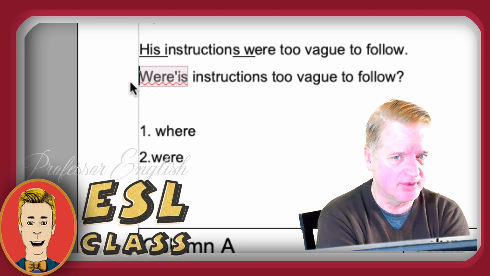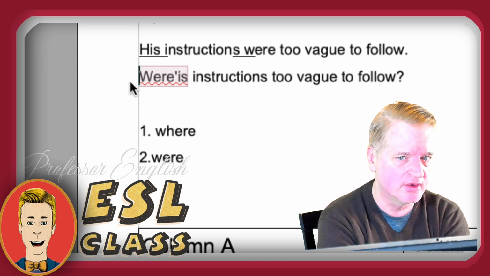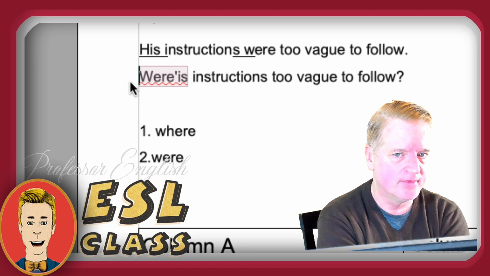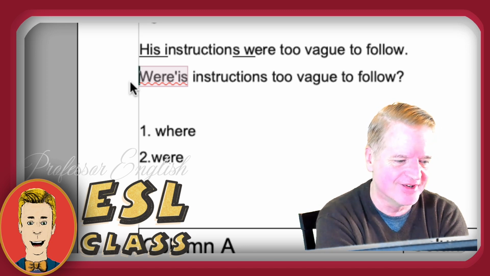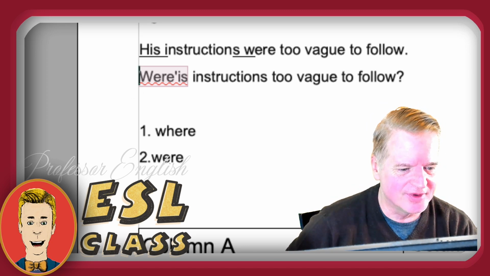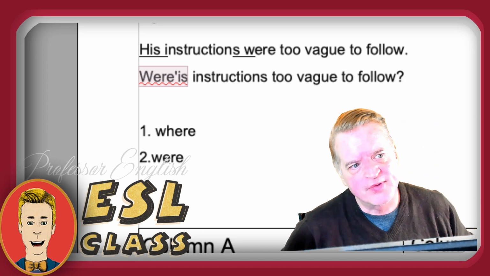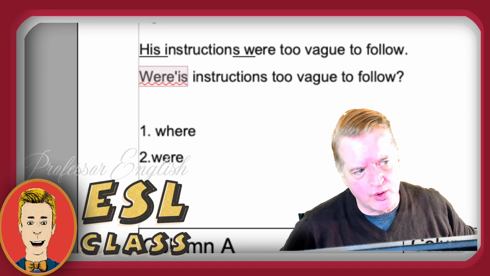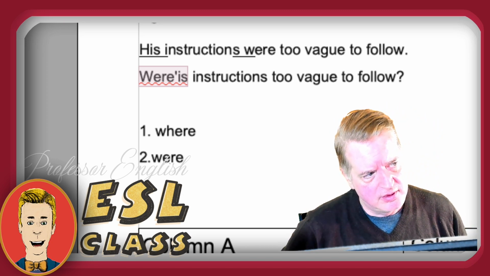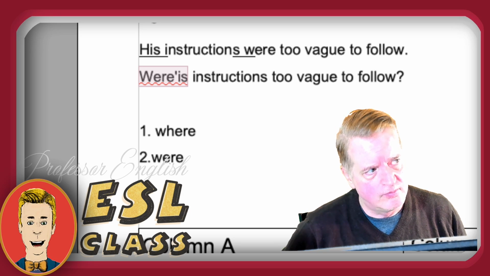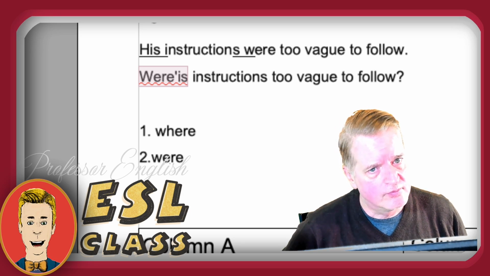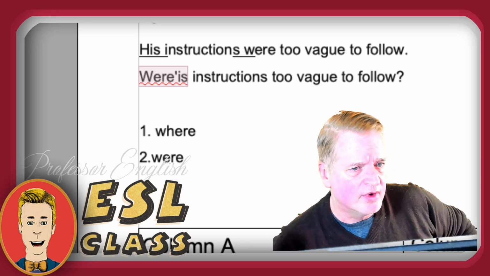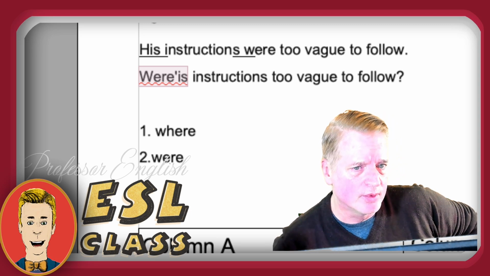Okay, that's pretty typical. That's usually how people will talk. Although you should never write that, never ever write that, but that's the way people will say it. Mohammed, how would you say no, his instructions were too vague to follow? Oh no, it's negative. So you were right.